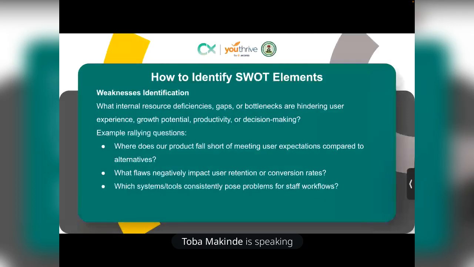So you look at the things that are hindering the experience your user has on your product, your growth potential, your productivity, because the weakness can be internal, like the structure or the people on your team, how you make your decisions and things like that. You want to identify that as well. Questions you want to ask are, why does our product fall short of meeting user expectations compared to alternatives? Everyone brainstorms and answers those questions.